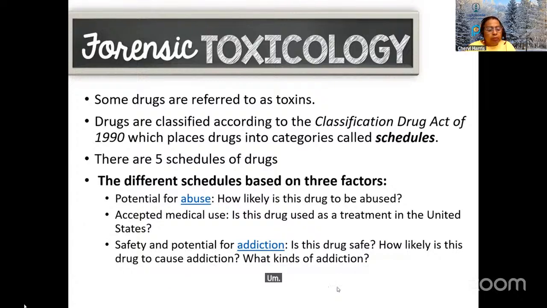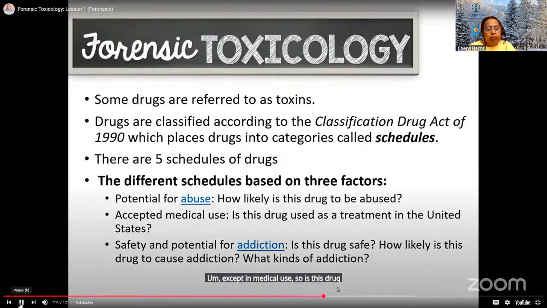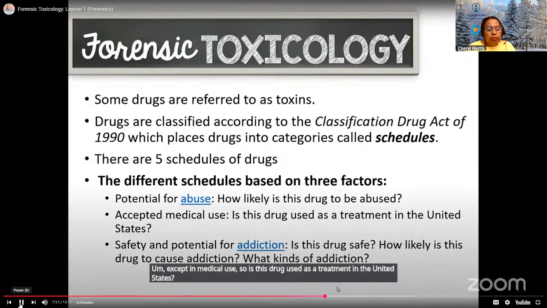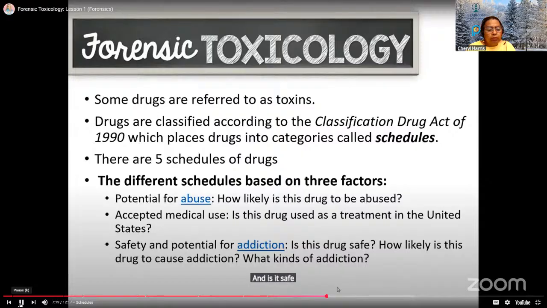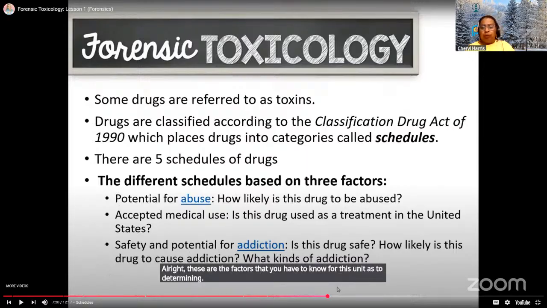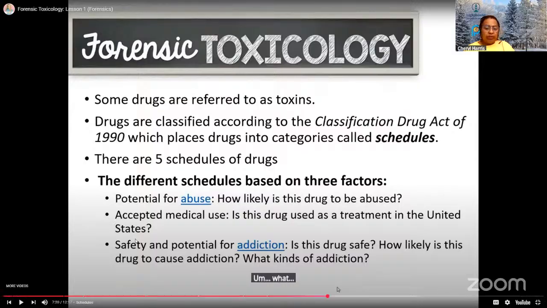Accepted medical use, so is this drug used as a treatment in the United States? And is it safe, or is there a potential for addiction? All right. These are the factors that you have to know for this unit as to determining what the classification of drugs are for toxicology.